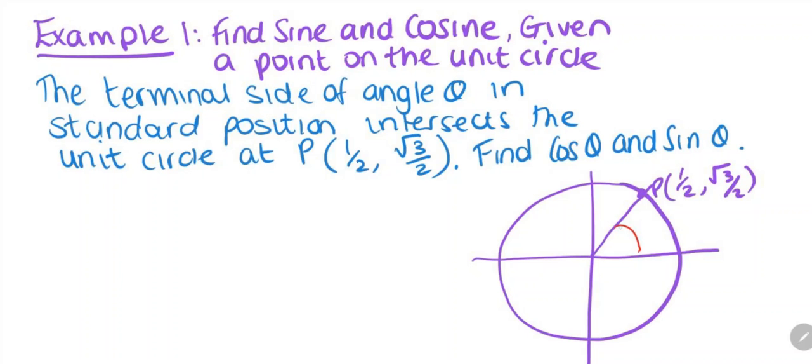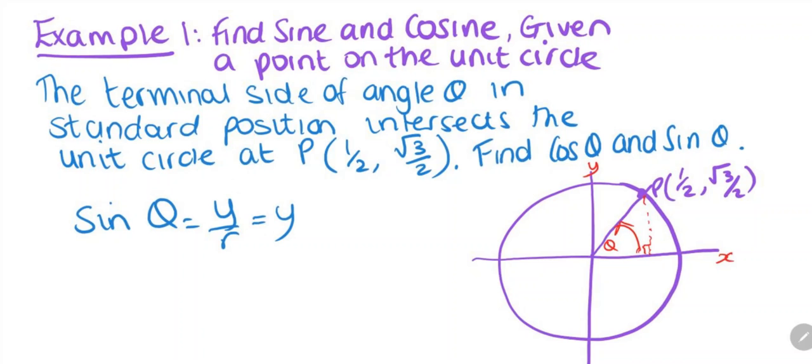This angle is formed in the first quadrant, so let's label that x and y. This is 1 unit. If we were to draw and do opposite over hypotenuse or adjacent over hypotenuse, we would have the same value. So the sine of theta we said was y over r, which would just be y.